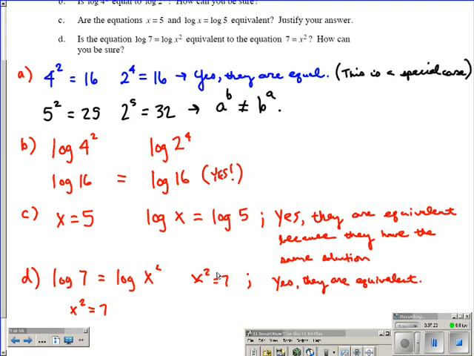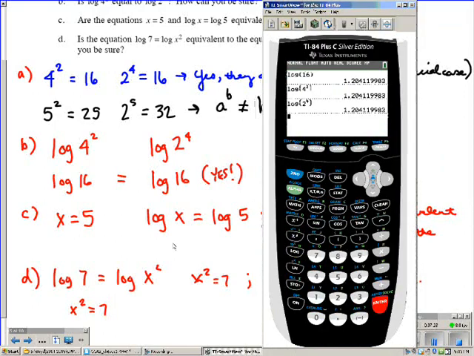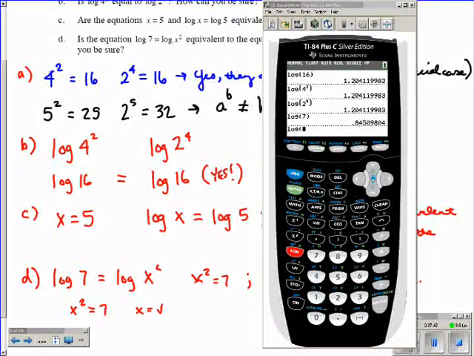So if we want to check it, we could throw it in the calculator. Let's verify it this way. If I wanted to say, okay, well, the log of 7, there's the value of the log of 7. And if we had to solve this for x, remember, x would have to end up equaling the square root of 7.